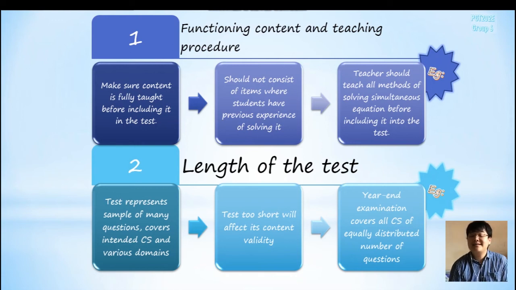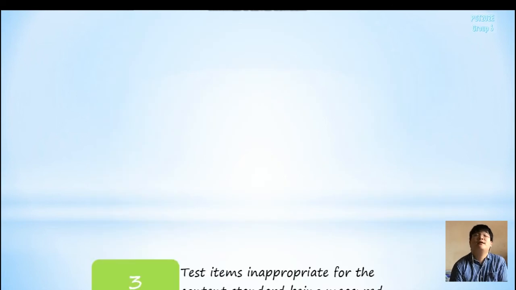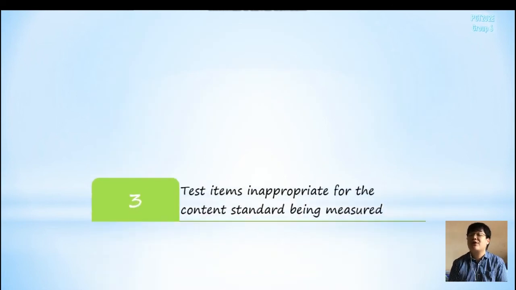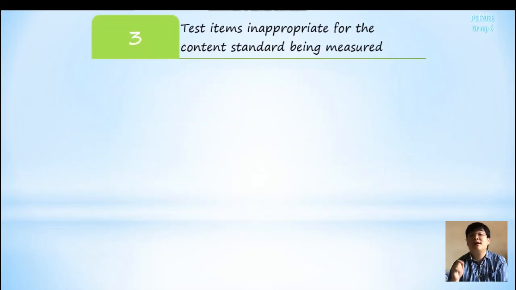Third, test items inappropriate for the content standard being measured. So what is meant by this? When trying to measure a complex learning standard, meaning you want to construct a question which consists of more than one content standard, then you want to make this question a HOT type, higher order thinking skill.